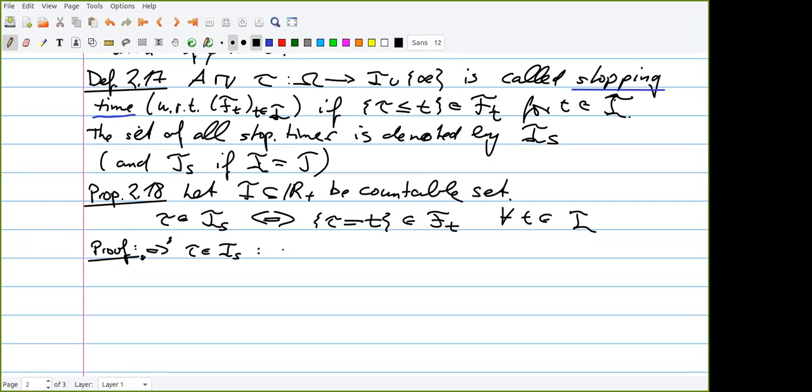Then what do we observe? For t, we want to show that the event tau equals t is in Ft. How do we do it? That's rather simple.